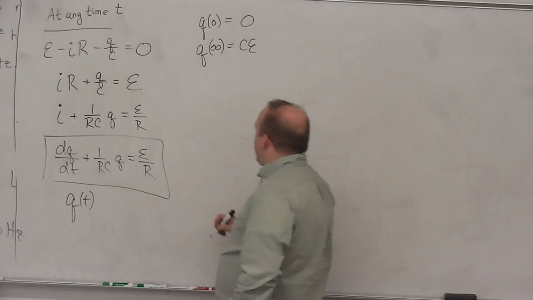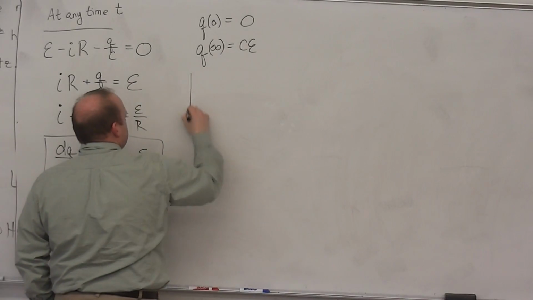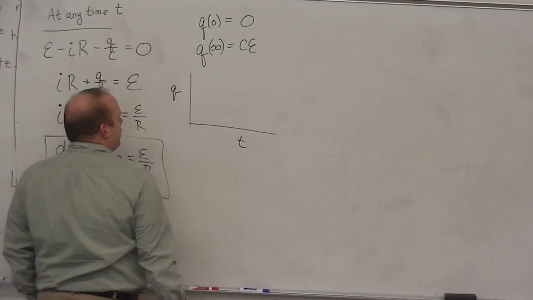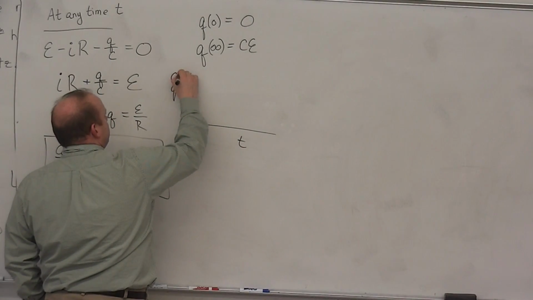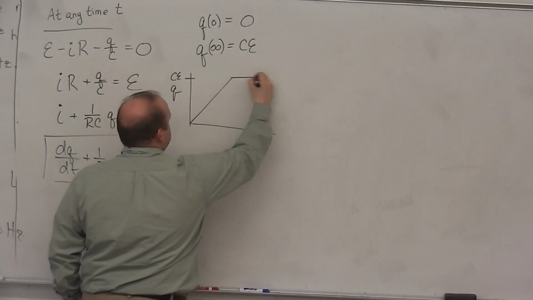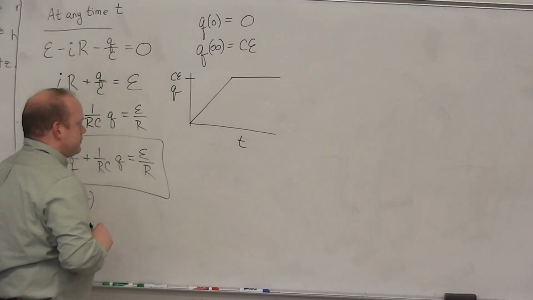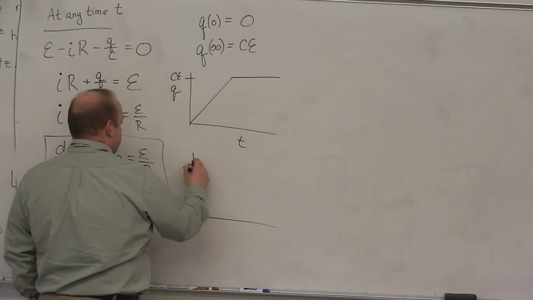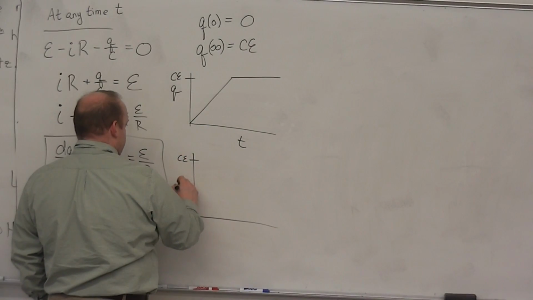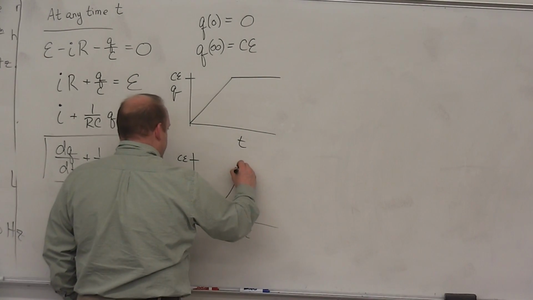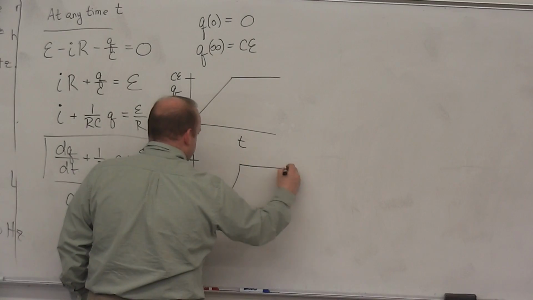Let's just use some thought as to what this would probably look like. Now, I could graph this. Let's just have some thought graphs here. Q of t, I know it has to get up to CE. It could go like this, where it's a straight line, and goes off like that. It could look like this: CE, this is Q as a function of time, curves upward, gets up to CE, comes across.